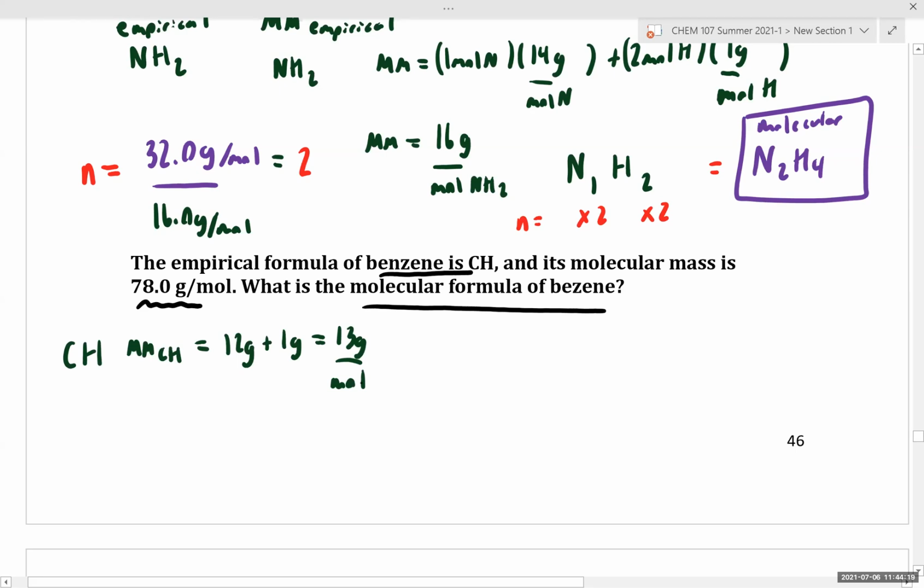Okay, now that we have that information in hand, would anyone like to propose how many empirical formula units we have? What is the value of n for benzene?